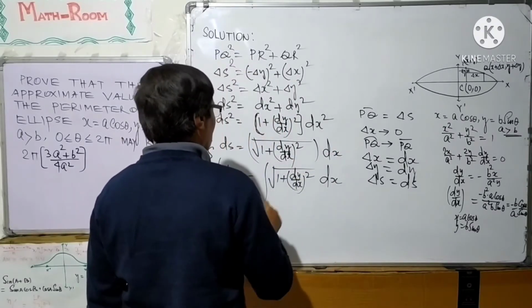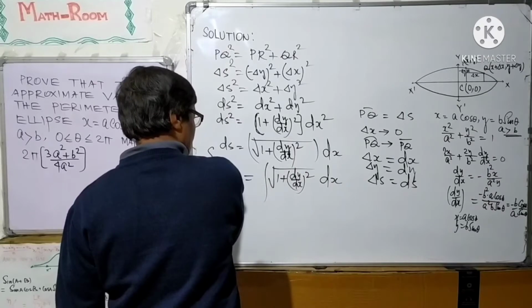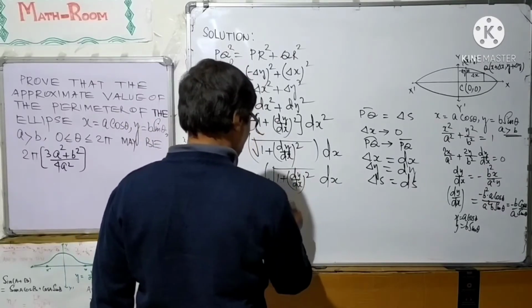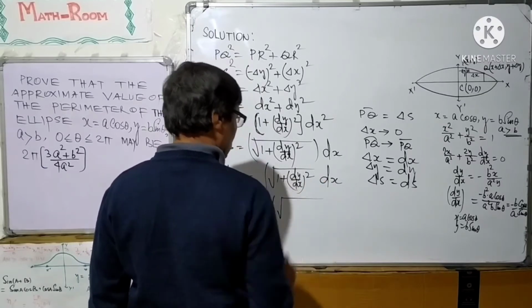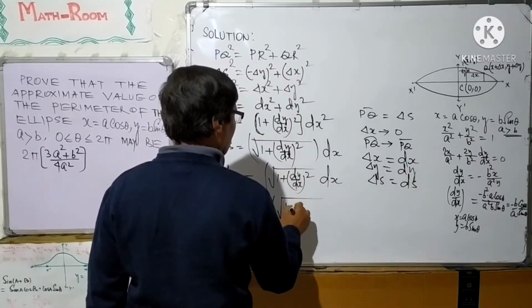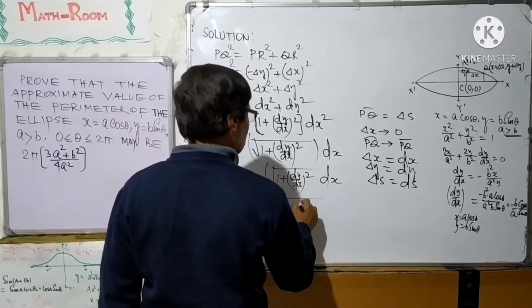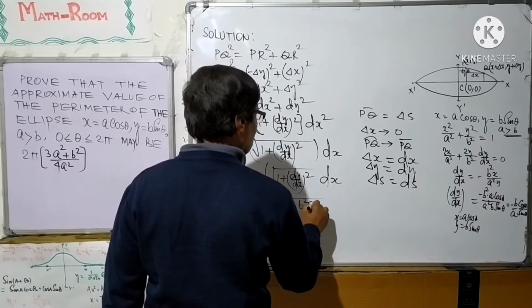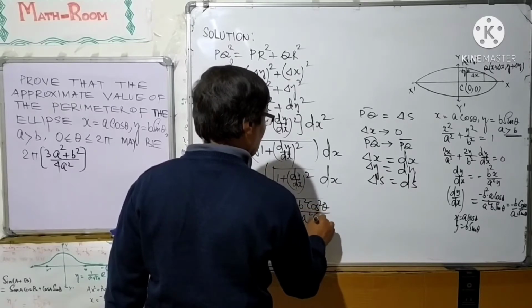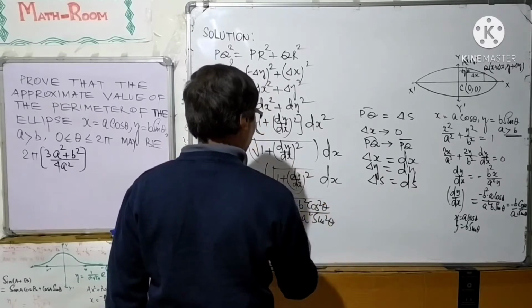Here we can put the value of dy dx, which is minus b by a cos theta, that is b square cos square theta over a square sin square theta.